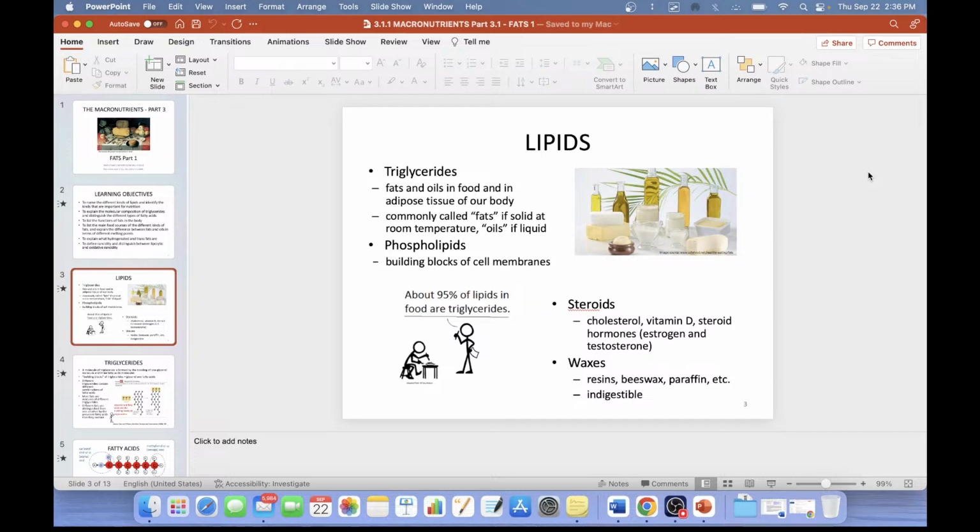So the distinction between lipids and fats is a bit blurry. It's just a matter of usage, and it is not exactly defined whether by lipids people mean simply the entire class of lipids or just triglycerides, phospholipids, and steroids.